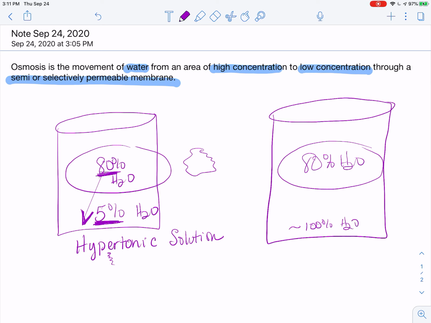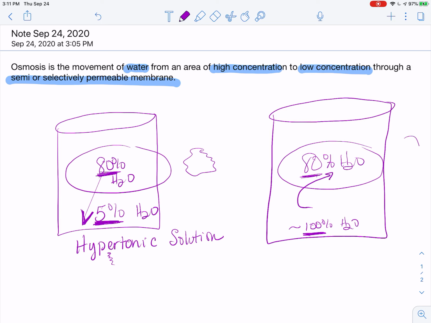So now we've got an area of high concentration to low concentration. So water's now going to go from inside this container into that cell. We've got high concentration on the outside, low concentration on the inside. Water's going to move inside that cell, causing it to swell.